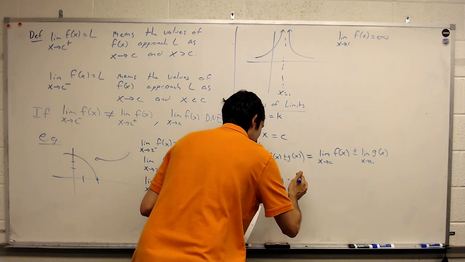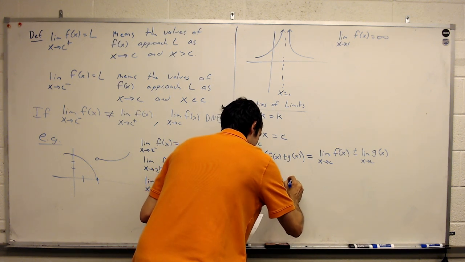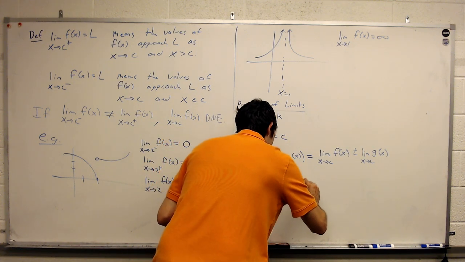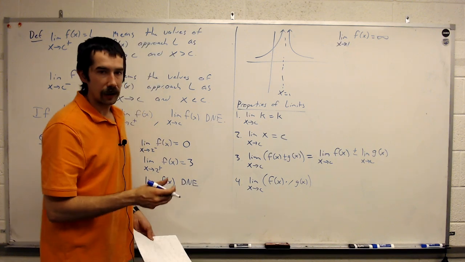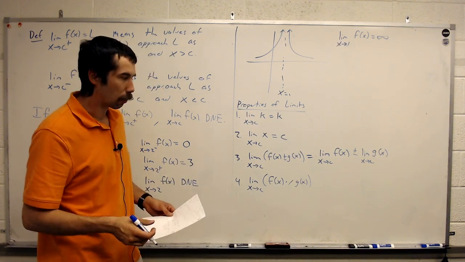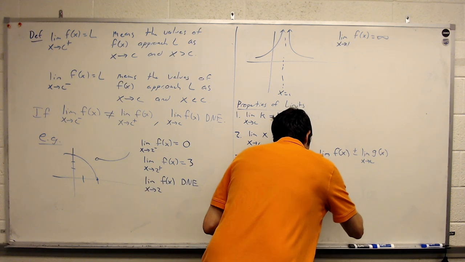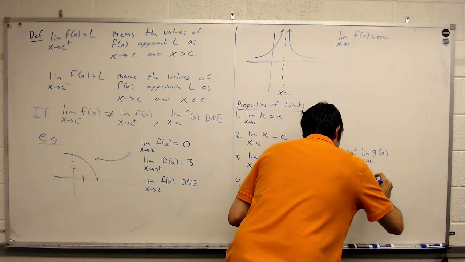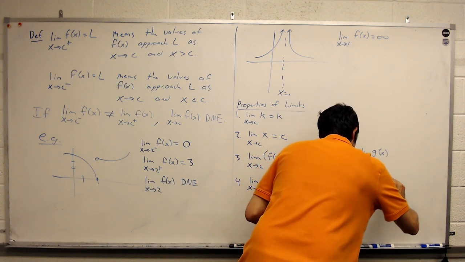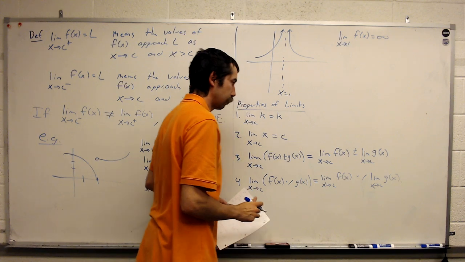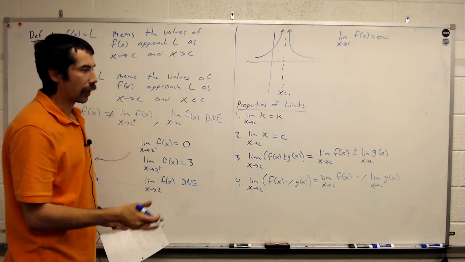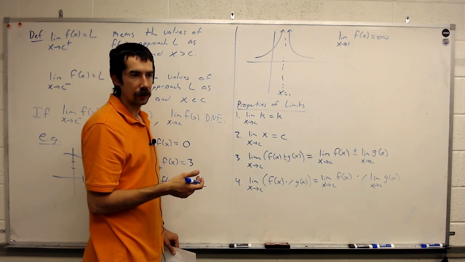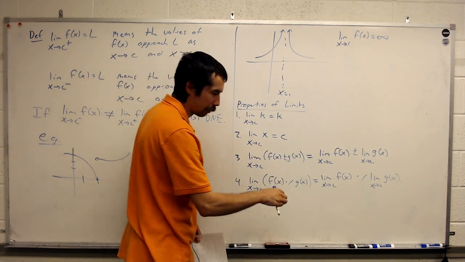So f of x times or divided by g of x is the product or quotient of their limits. Okay, so what do these say? This says if our function is simple enough, we could just plug in the number to get the limit.